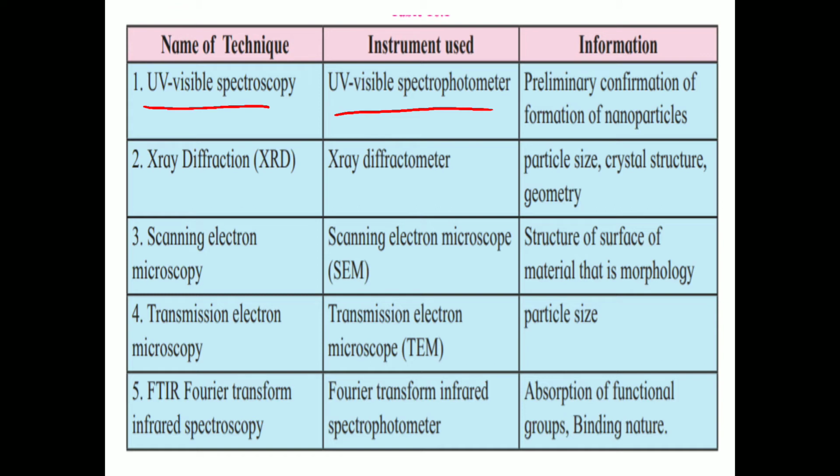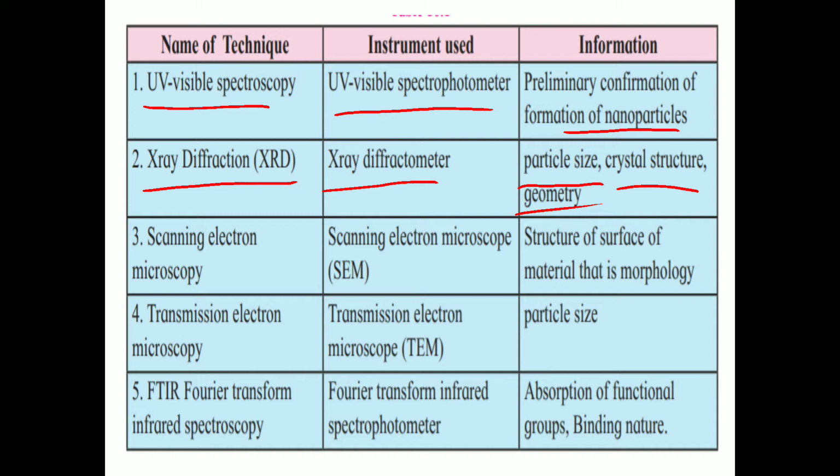It is used for the preliminary confirmation of the formation of nanoparticles, that is, whether nanoparticles are formed or not. The second technique is X-ray diffraction, short form XRD. For this we use the X-ray diffractometer, and from this we get information about the size of particle, crystal structure and their geometry.